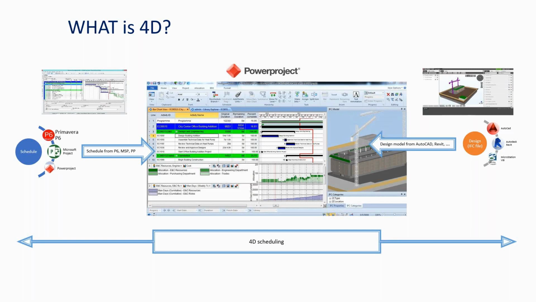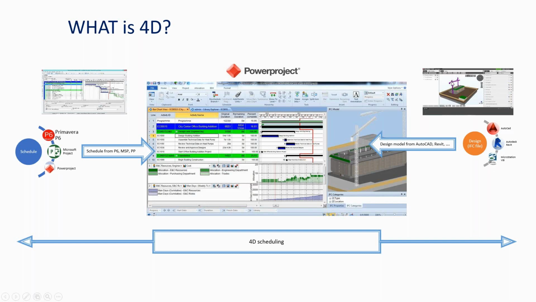It's very simple, by the way, where 4D is coming from. First of all, to be able to have 4D, you need to have a 3D model, which today comes from Autodesk Revit, Navisworks, Tekla, all the 3D design software developed in a 3D environment, which can save in IFC format.